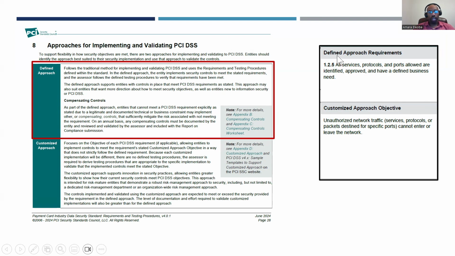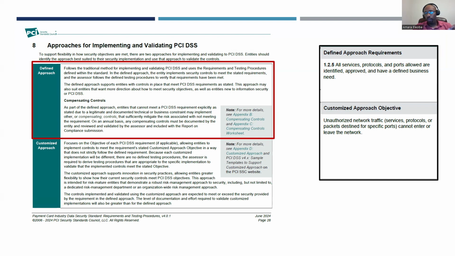PCI DSS shows that in the defined approach requirement for 1.2.5, it says that all services, protocols, and ports allowed are identified, approved, and have a defined business need. So a defined approach is just a traditional method for implementing and validating PCI DSS and the use of its requirements and the testing procedures.